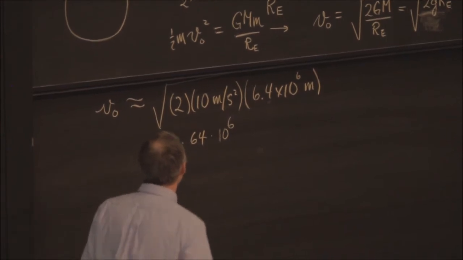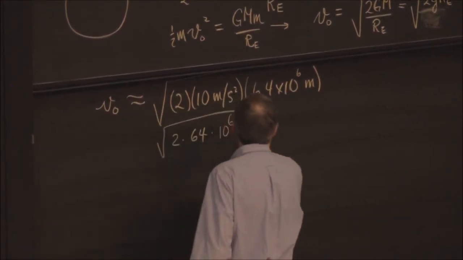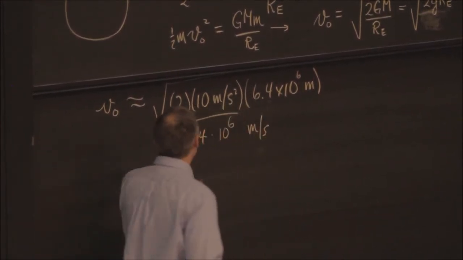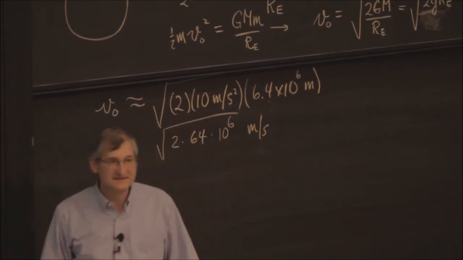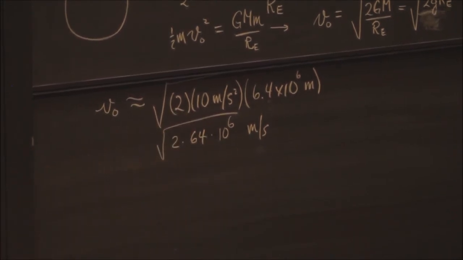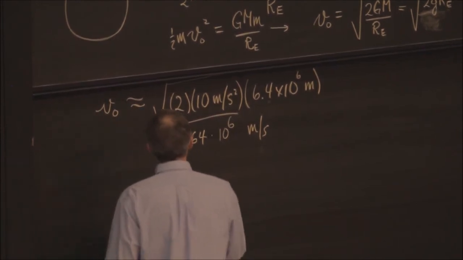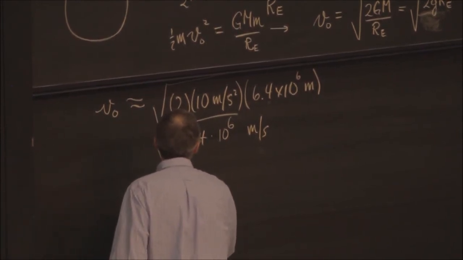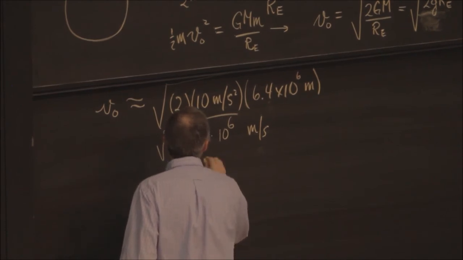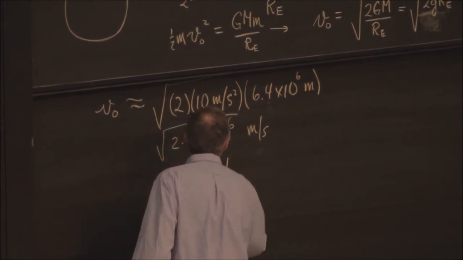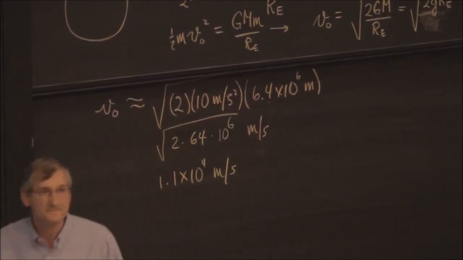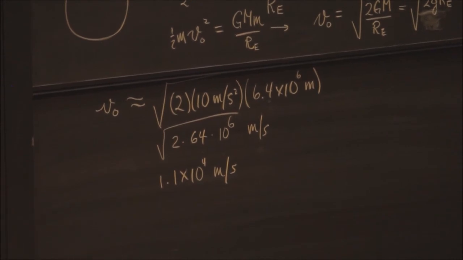And I got the right units. So that's an 8. That's 1,000 times a root 2. Root 2 is 1.4. So this is 1.1 times 10 to the 4 meters per second. So a bit better than 10 kilometers per second, which is fast, but not on the scale of c.